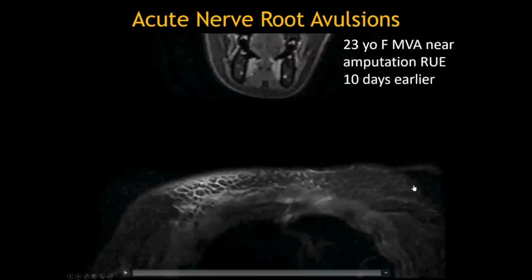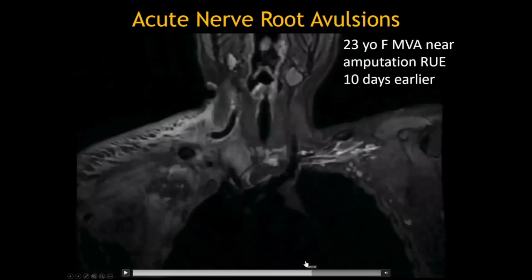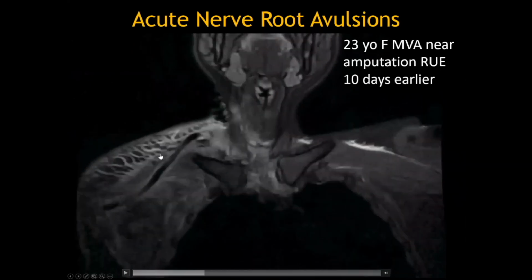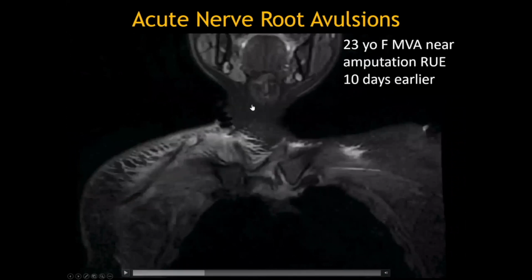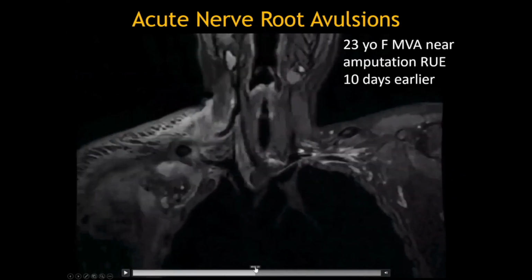Here's a case of an unfortunate patient who had a near amputation of the right upper extremity 10 days earlier. And as you can see, this patient actually already had a vascular procedure. You can see that there's a vascular graft extending from the axilla to the carotid artery. So that was a carotid artery to axillary bypass.